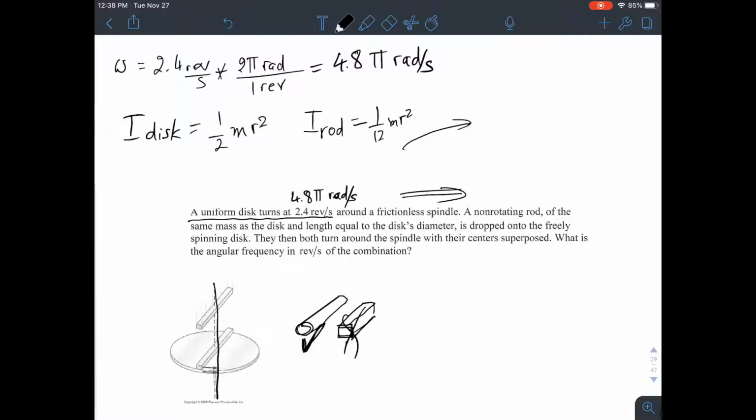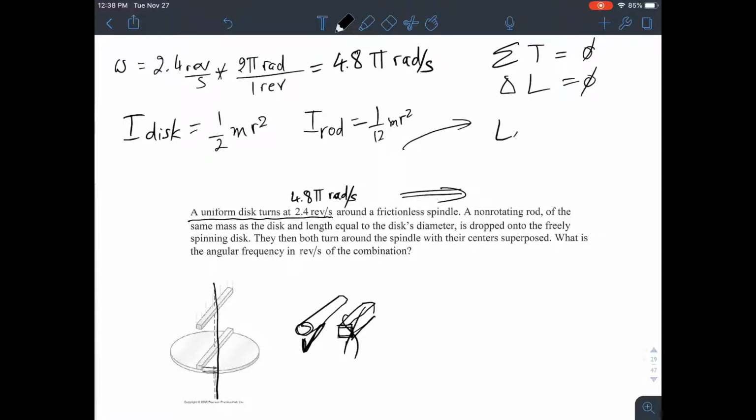Well, if the sum of the torques is 0, then the change in angular momentum is 0. Rotational momentum is conserved. So what does that mean? Ultimately, it just means whatever the momentum of the spinning disk was before is the same as the momentum after.